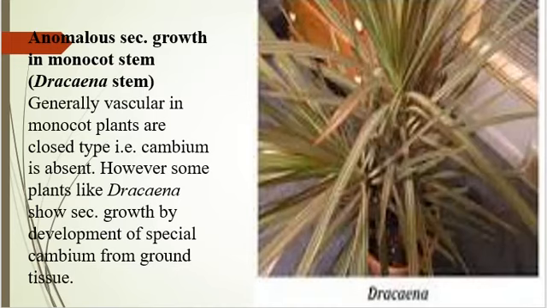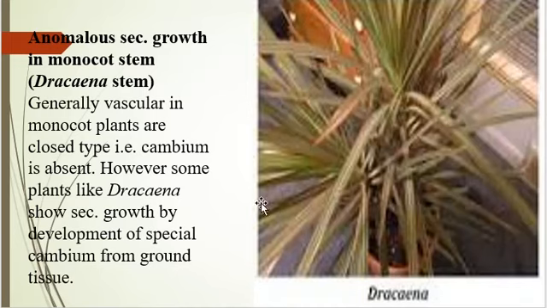tissue. But in the Dracaena plant, some anomalous secondary growth regarding the special cambium from ground tissues is observed. Generally, anomalous secondary growth means there is a change in the addition of secondary tissue by the vascular cambium or cork cambium.